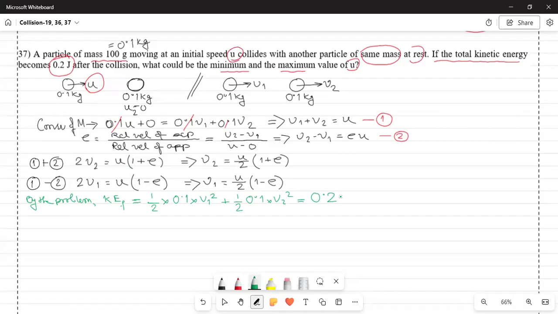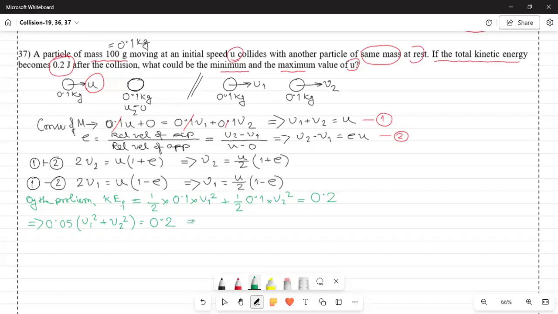From here we get 0.1 by 2, so 0.05 multiplied by v1 square plus v2 square is equal to 0.2.